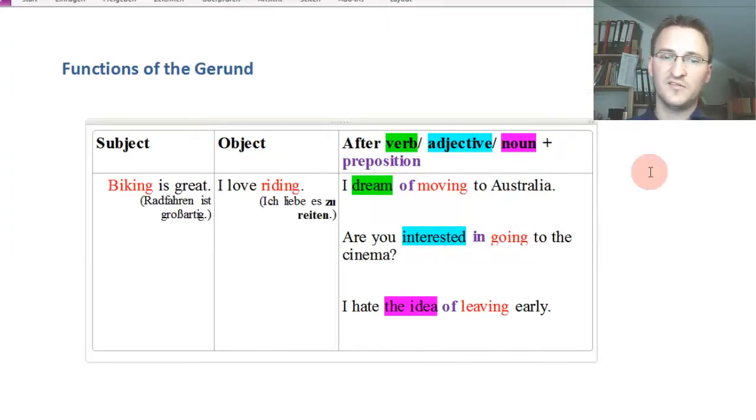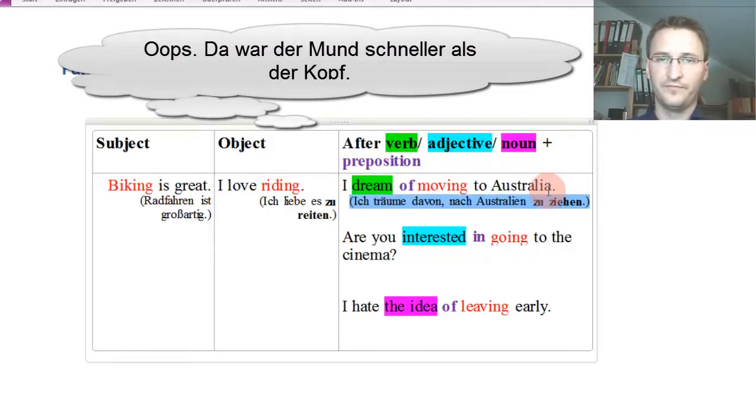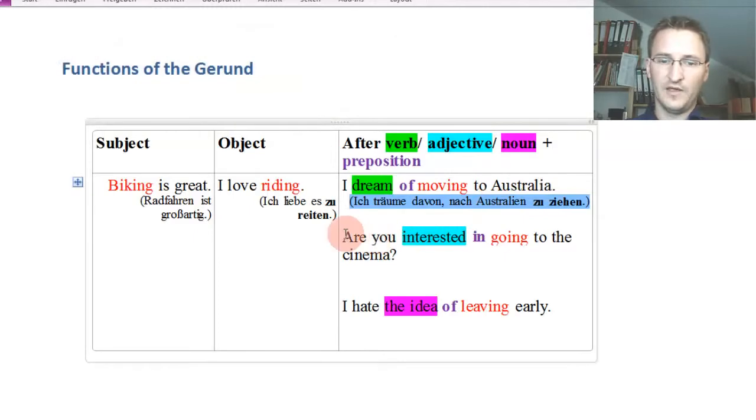Similarly, the sentence, I dream of moving to Australia, translates as, ich liebe es, nach Australien zu ziehen. And then we've got, are you interested in going to the cinema?